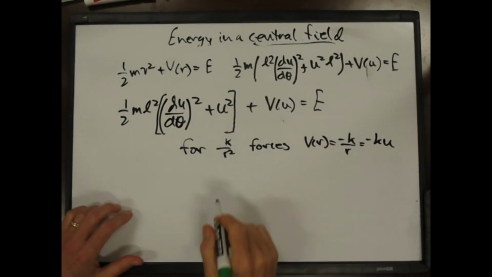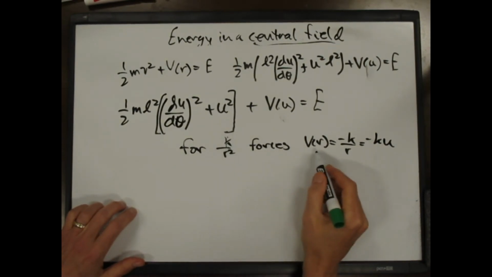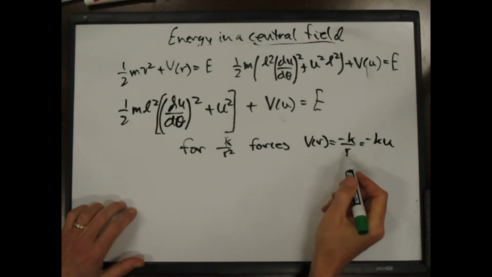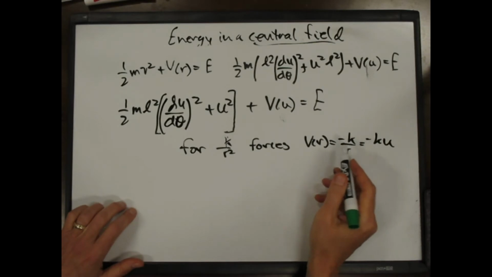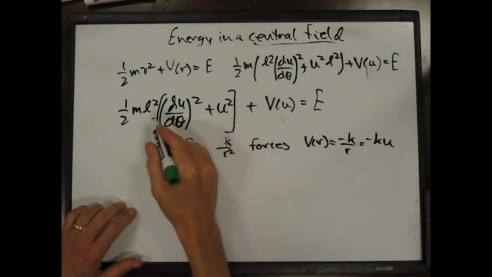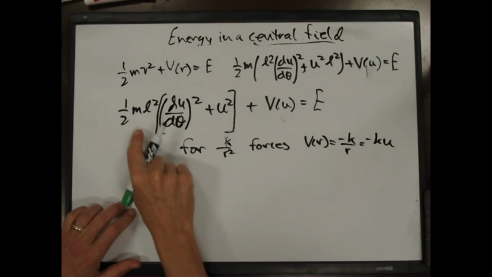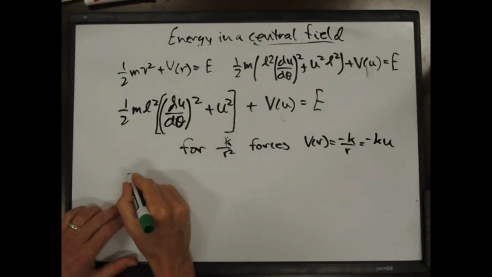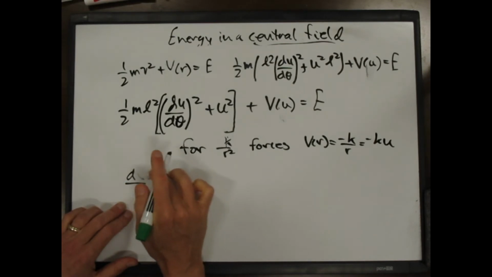So for one over r squared forces, or for k over r squared forces, like GMm over r squared and so on, the potential energy can be written this way: minus k over r, or just minus ku. And then we can move that to the other side, and sort of divide out this factor, and we get d squared u. Sorry, not d squared u.